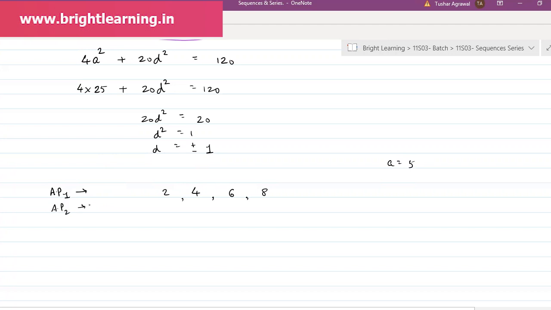And for the other AP, if we consider d equal to negative 1, then 5 plus of minus 1 is 4, a minus d, 5 minus of minus 1, will be 6, and then the terms will be 8 and 2. So ultimately you are getting the same 4 numbers. Which way you look at it is your preference, 2468 or 8642.